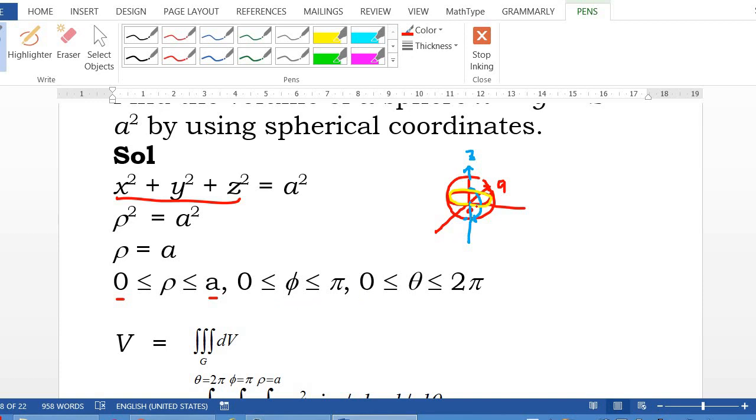Theta, you take the orange and rotate it horizontally, one full circle, so 0 to 2 pi. Theta is the same as in polar coordinates, which you can measure in 2D. Phi is 3D, from positive z until negative z, that's why phi is 0 to pi.